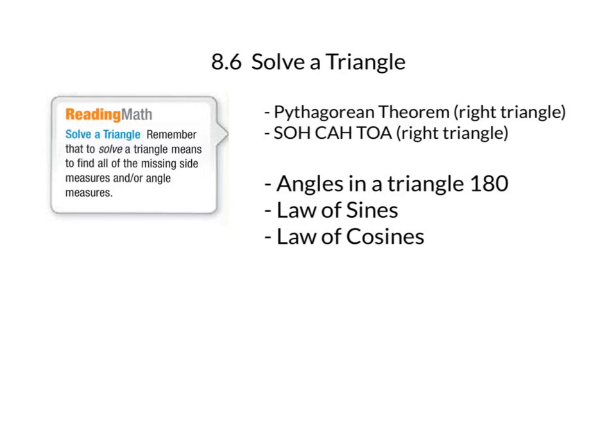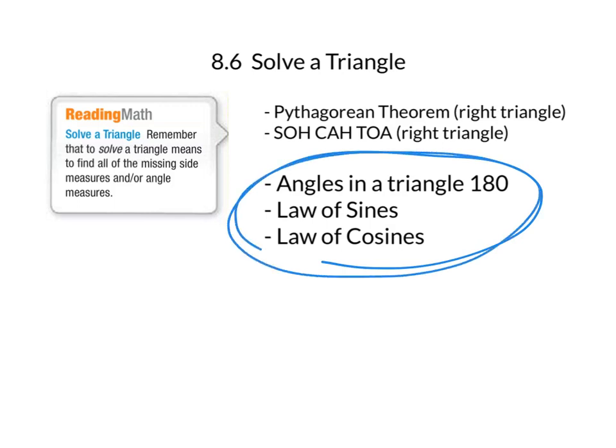What we are going to use today are the law of sines, the law of cosines, and the fact that the three angles in a triangle add up to 180 degrees. We're going to use those three things today in order to solve a triangle.